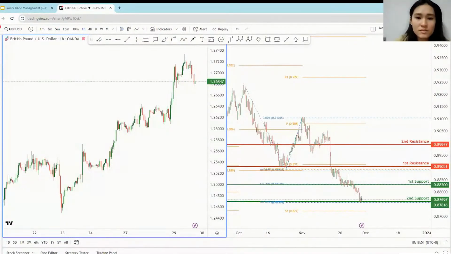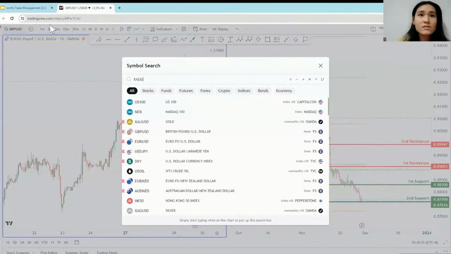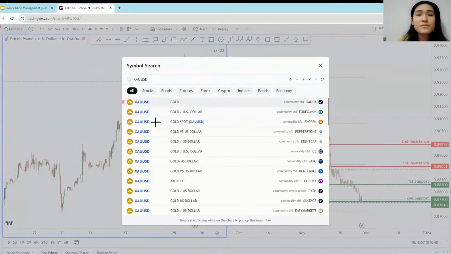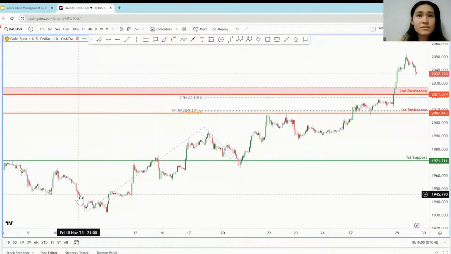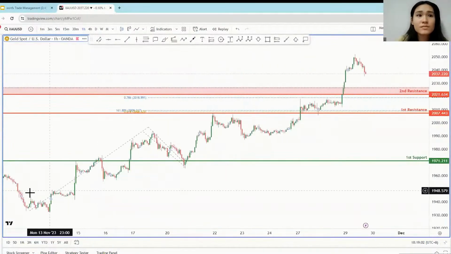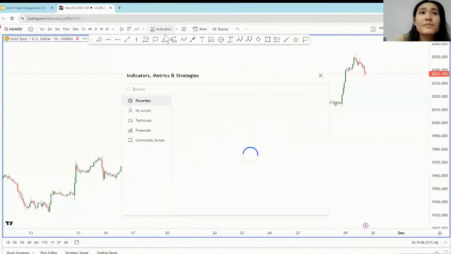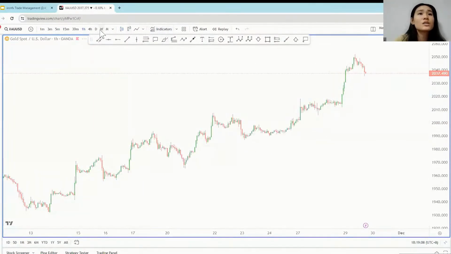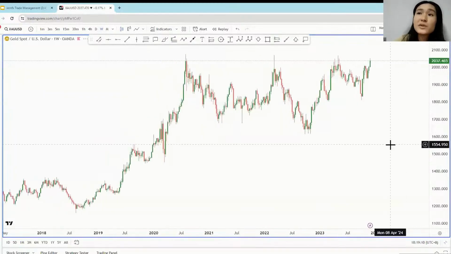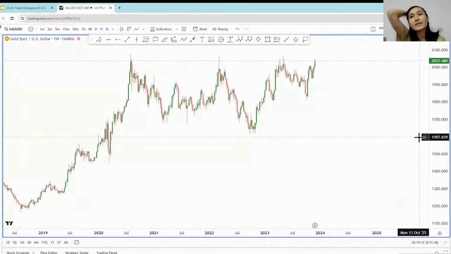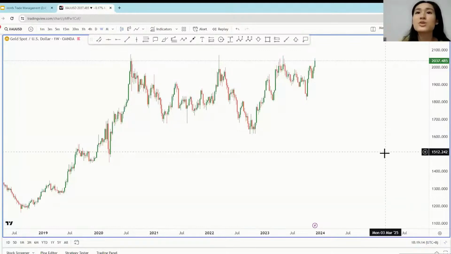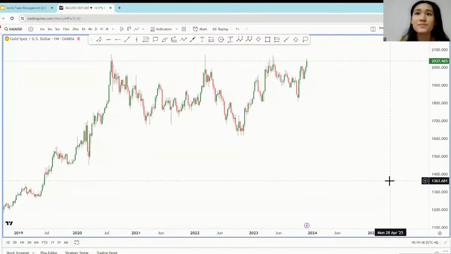Okay, let's go ahead and take a look at gold first. As per usual, I like to look at the higher time frames first so that we get an idea of where price is headed.